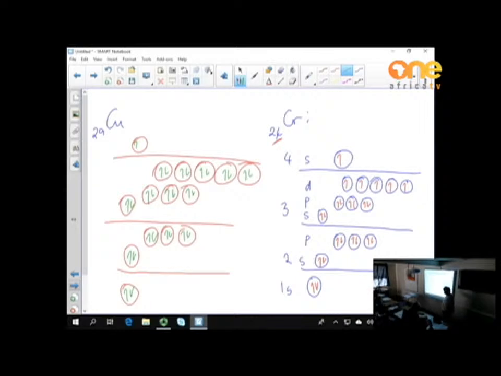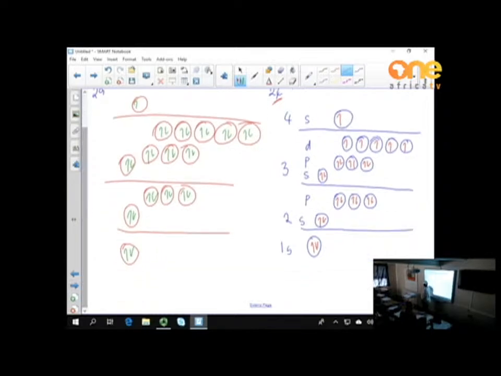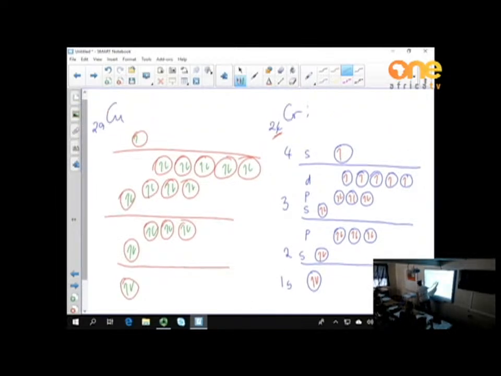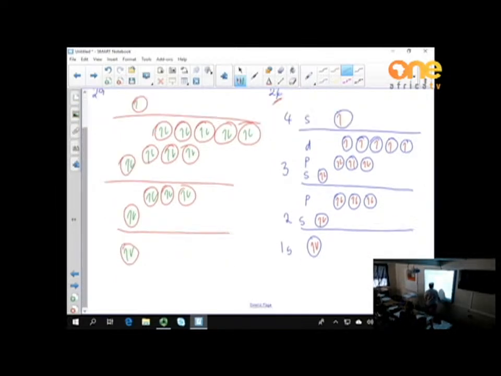Now, from this, they go and say to you, give the spd notation of, for example, chromium. So now you say to them, we have chromium, and the 1s subshell has 2 electrons. The 2s subshell has 2 electrons.